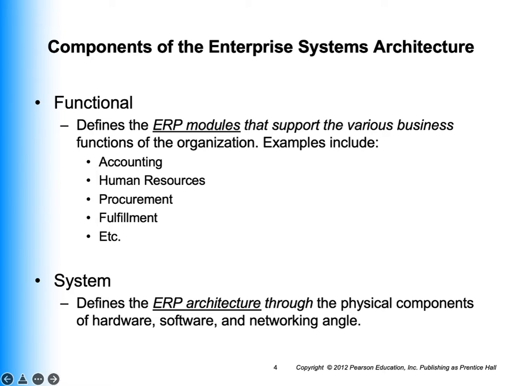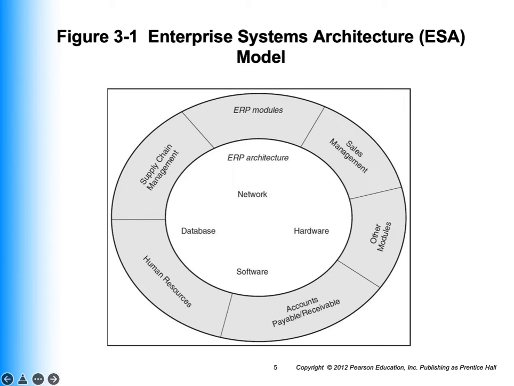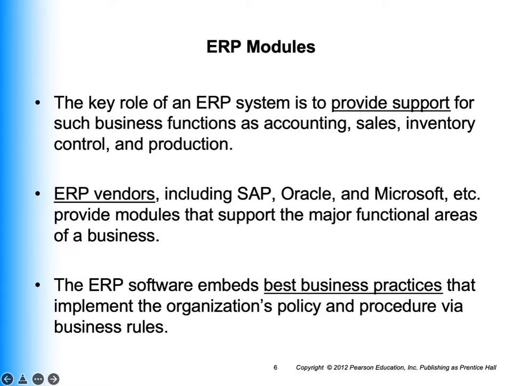So let's take a look at the different modules. Here we see the diagram, technically the modules are surrounding the architecture of the system. This is basically the standard of ERP in most companies.